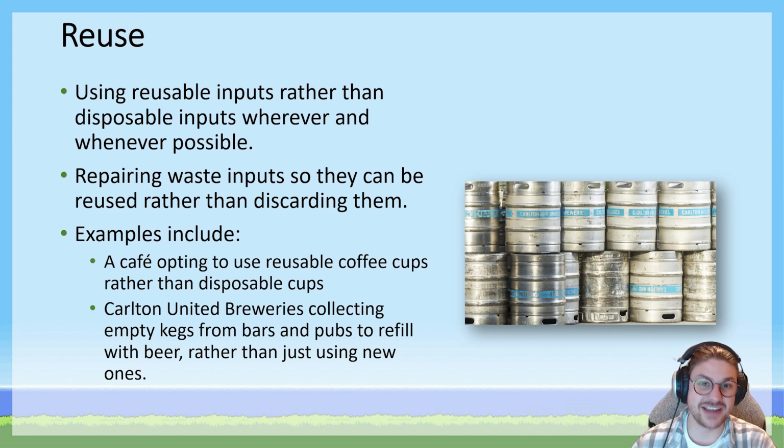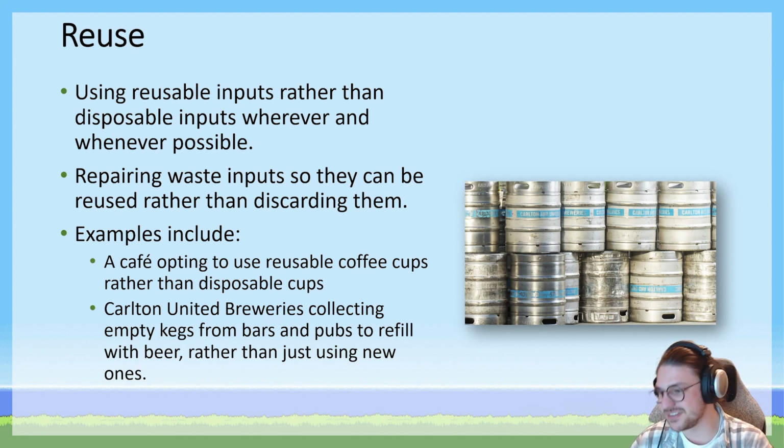Some cafes that I go to have a discount on the coffee if you supply your own cup, a keep cup or a reusable cup, rather than using disposable cups. This serves the dual functions of meaning that this business isn't creating waste through handing out disposable cups, but also the business can save money not buying disposable cups that they then need to hand out to their customers. So it's sort of a bit of a win-win in that sense for the business.